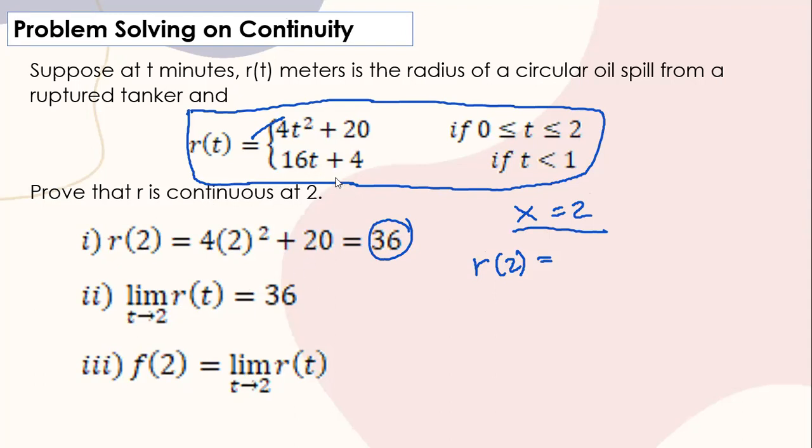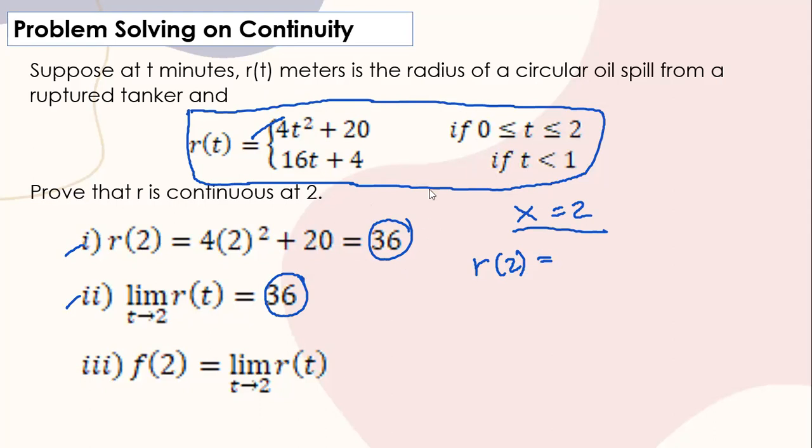Okay, so we also have 36. Okay, so equal yung nakuha natin for the two conditions. Thus, we can say that this function is continuous at x is equal to 2.